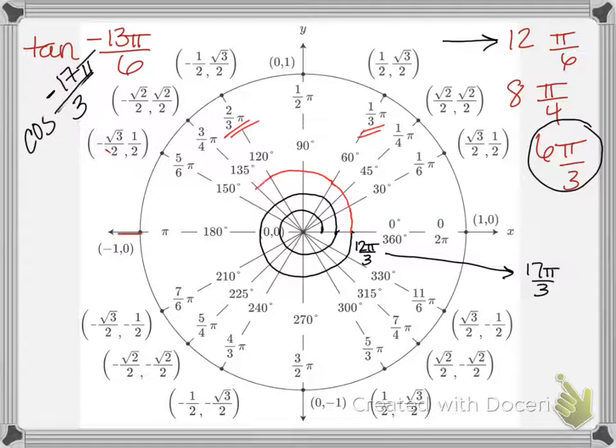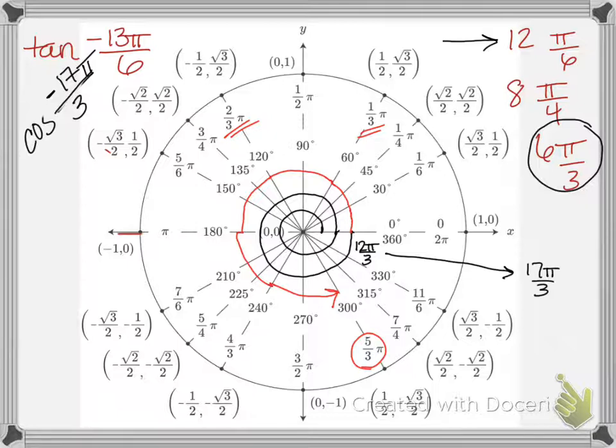I'm going to keep going. 3/3, 4/3, 5/3. And I'm going to stop right there. See, there's my 5/3. So 12 thirds plus the 5 thirds, which is the red, gets me to 17 thirds. That is the answer if it was a positive 17 pi over 3.